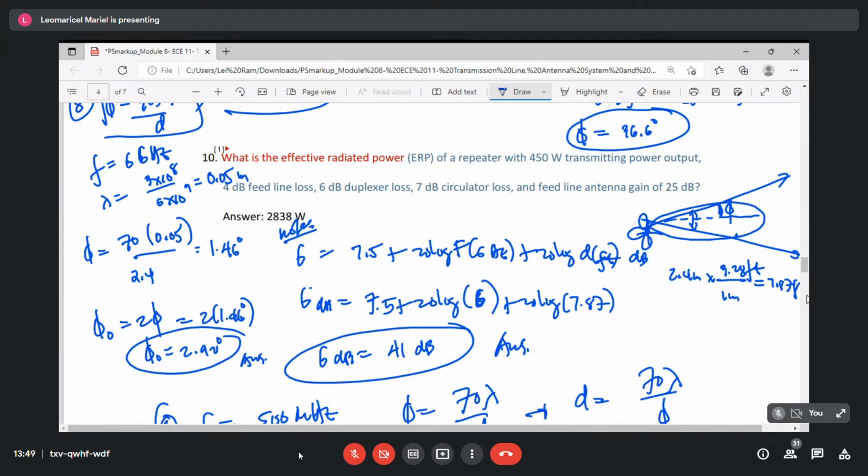So 4 plus 6 plus 7 is 17 dB of loss. Now you have a transmitter power, PT, equal to how many? 450 watts. 450.